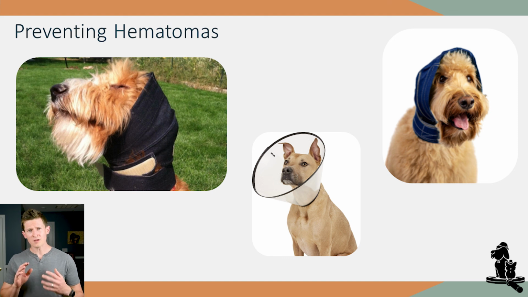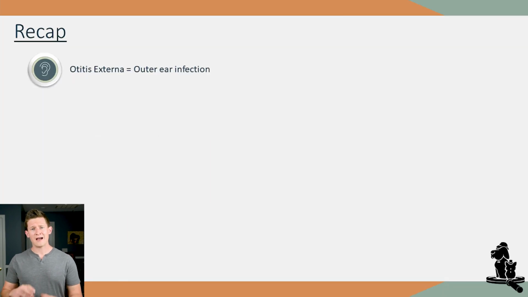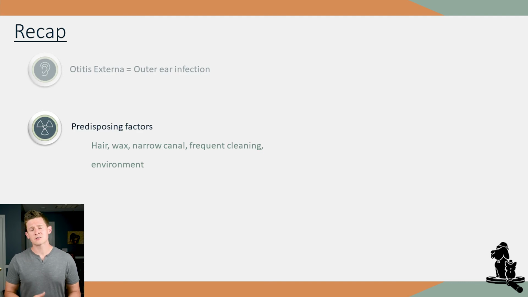So let's recap a little bit. We've talked about a lot of stuff. We talked about otitis externa, ear infections, outer ear and pinna. We talked about predisposing factors, factors that increase the risk for an ear infection but don't cause an ear infection. Primary factors, and then causative agents like bacteria and yeast and mites.